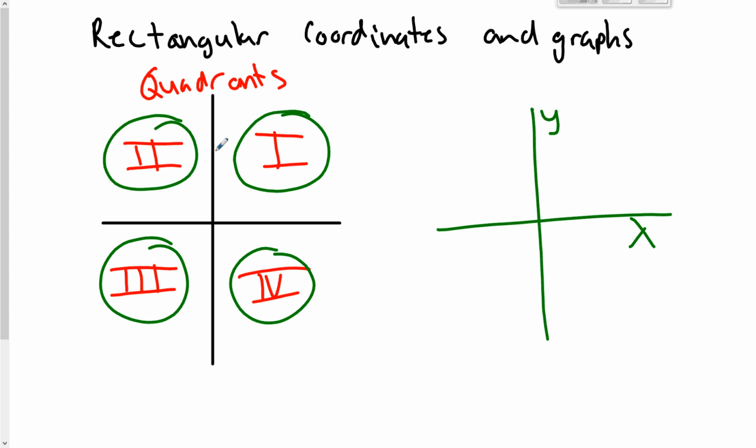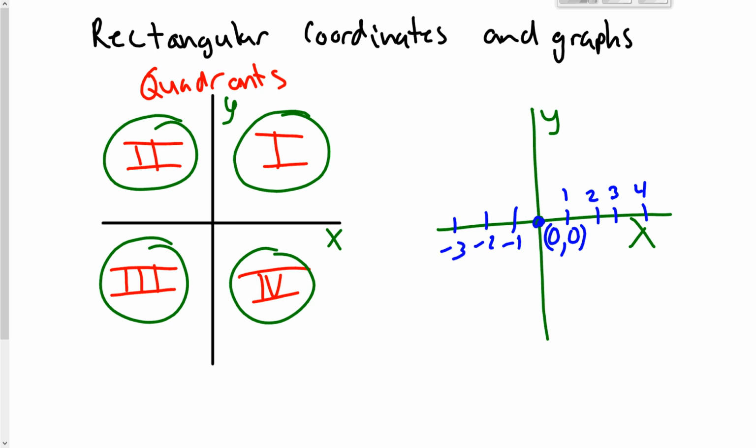And then to label these, this is our x, this is our y. When I'm in the first quadrant, I always start at my origin, which is 0, 0: 0 for x, 0 for y. If I go to the right of 0, just like on a number line, it goes 1, 2, 3, 4, and so on. If I go to the left of that, that'd be -1, -2, -3.